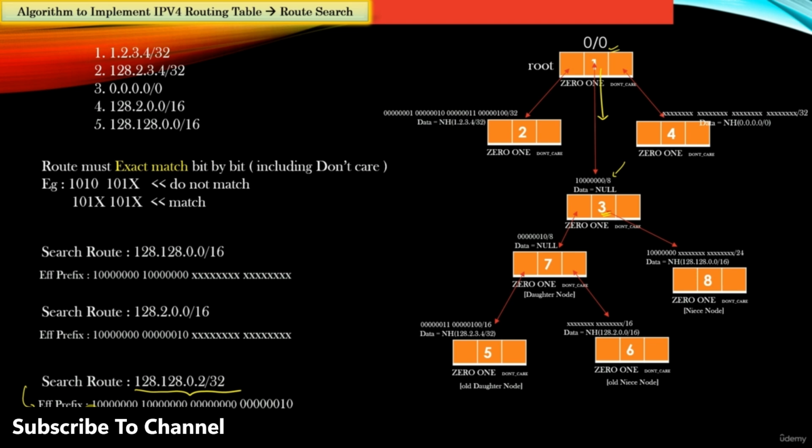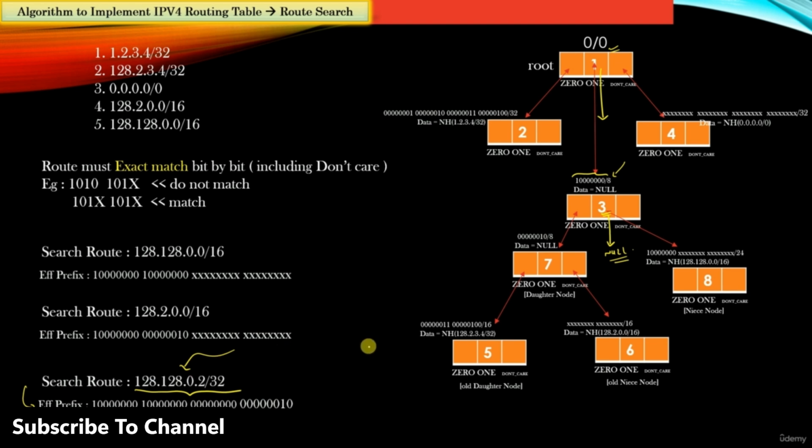So I am going to compare the 8 bits of the input effective prefix with the 8 bits of the current node, which match. Alright, so I will inspect the next bit of the input prefix, which is 1. So I will try to traverse down the tree along the 1th child of node 3, but the 1th child of node 3 is null. There is no path. So it simply means that this particular route is not present in this M-try data structure.